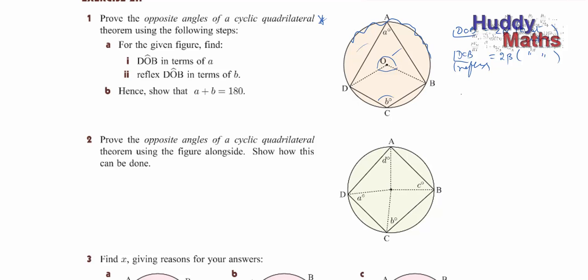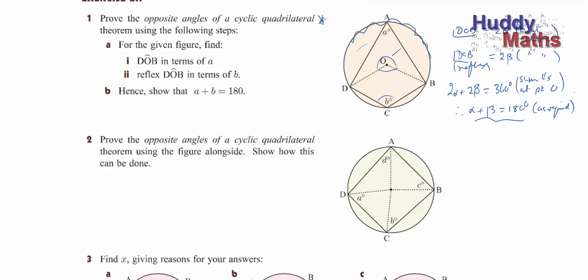And then we can say 2 alpha plus 2 beta equals 360 degrees, angles sum at point O, which is the centre. Therefore, alpha plus beta equals 180, as required. Okay, there's the first one.